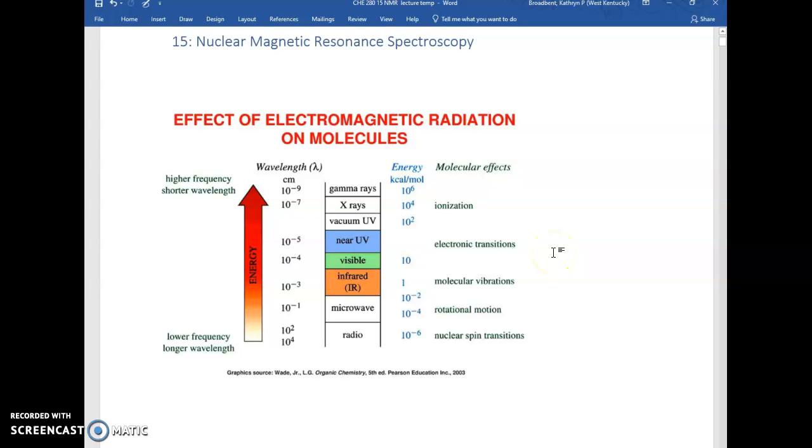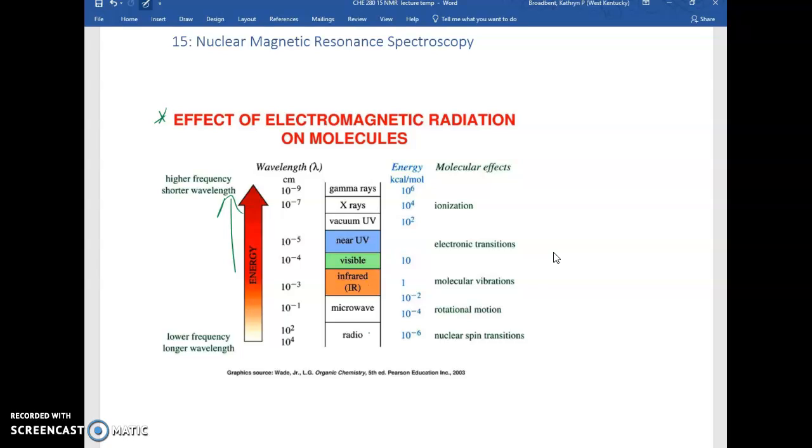Okay, so now we're ready for nuclear magnetic resonance spectroscopy. This is the same diagram that we had at the beginning of the IR, with energy increasing, and we've got radio waves, microwaves, all the different types of electromagnetic radiation.